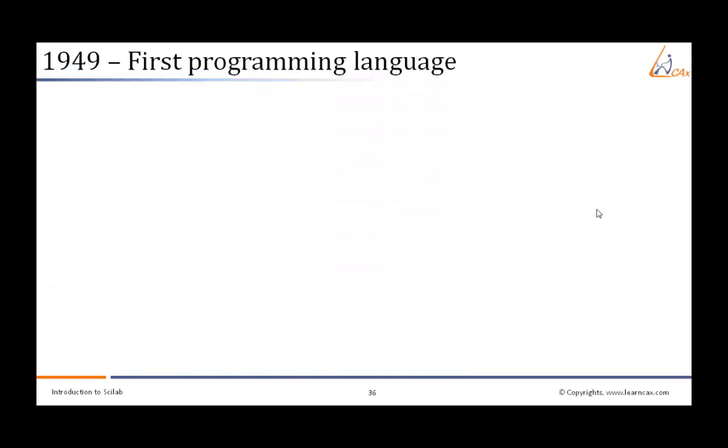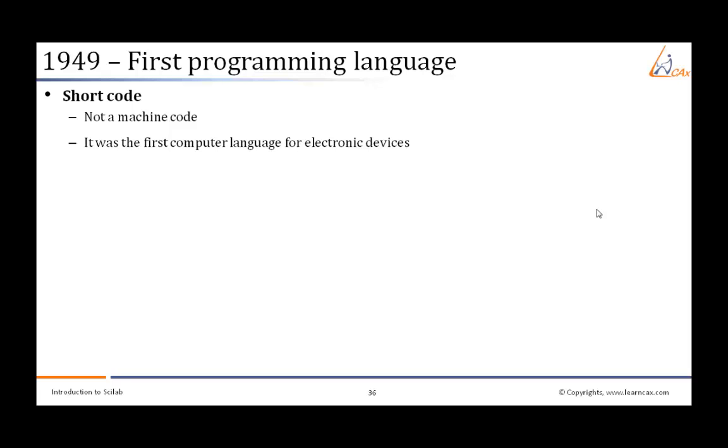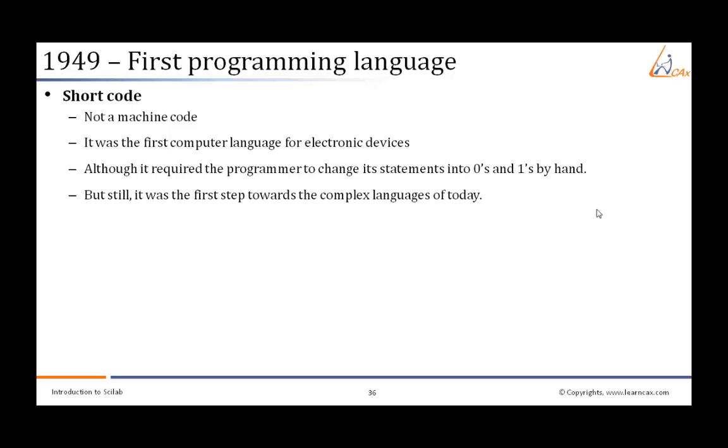After these inventions, the first programming language came into picture in 1949, known as Short Code. It was not a machine code, it was the first non-machine programming code. It was the first computer language for electronic devices, and although it required the programmer to change statements into 0s and 1s, so it was not totally independent of human intervention, it was not a machine code, because it did not have physical motion as its main working principle.